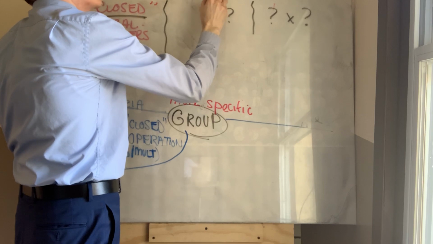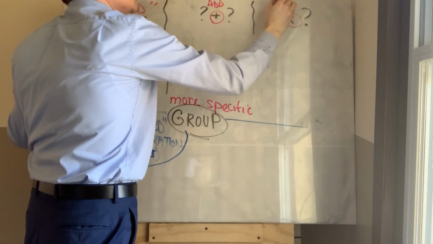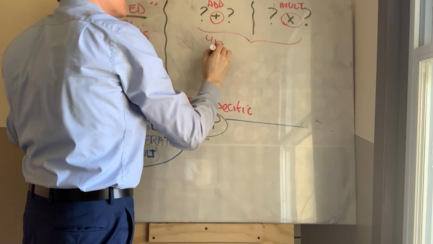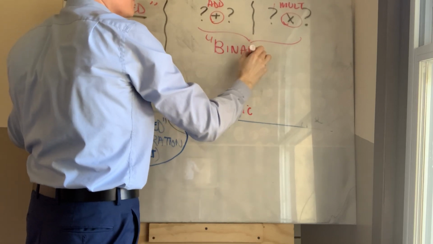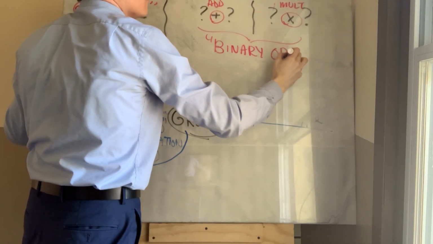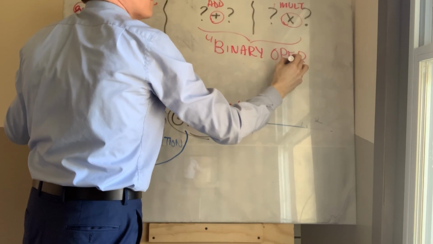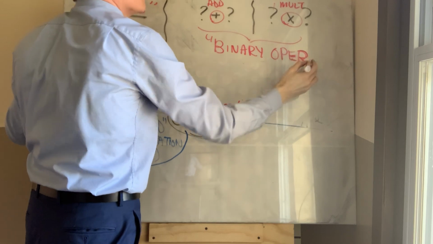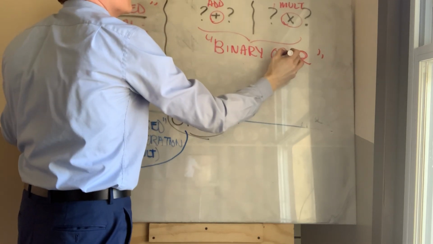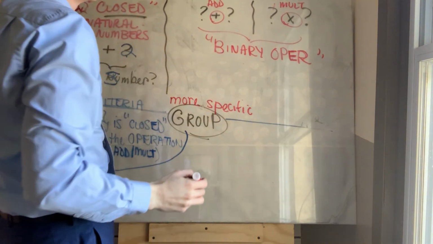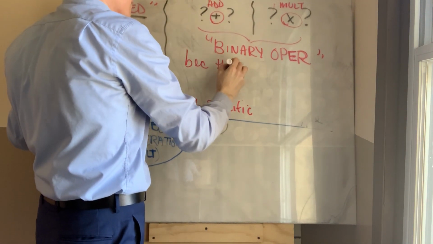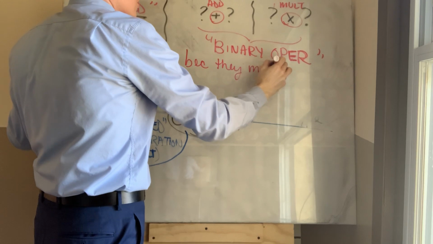Addition and multiplication are referred to as binary operations, because they involve two terms.